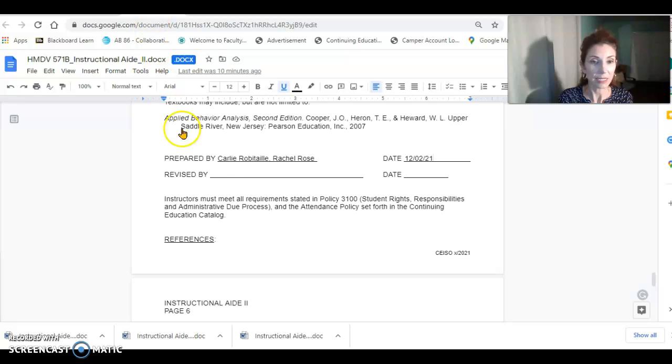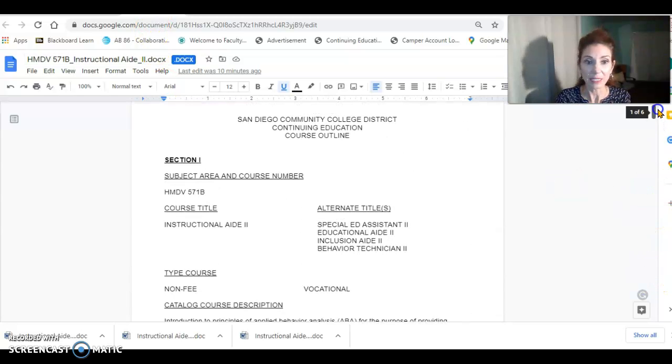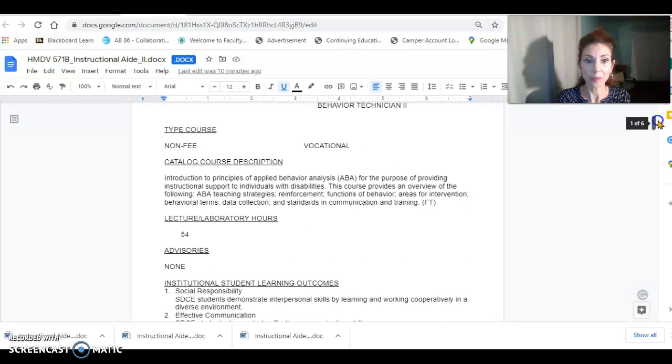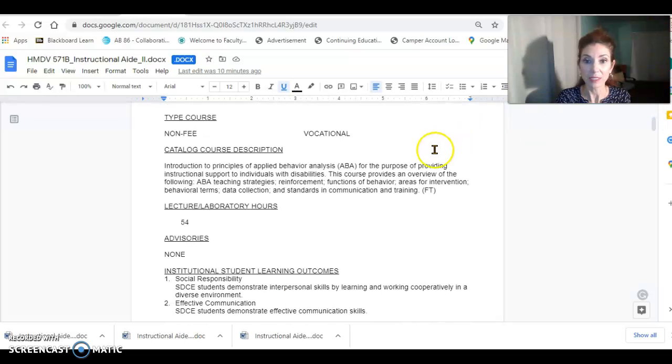Our second one here is the same thing, Instructional Aid 2. This is going to be an overview of the ABA teaching strategies, and we'll spell that one out right here: applied behavioral analysis, teaching strategies, reinforcement, functions of behavior, areas of intervention, data collection.